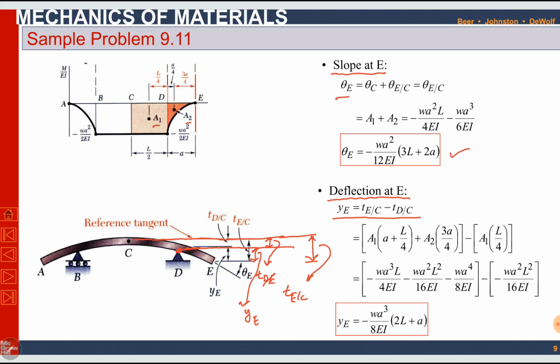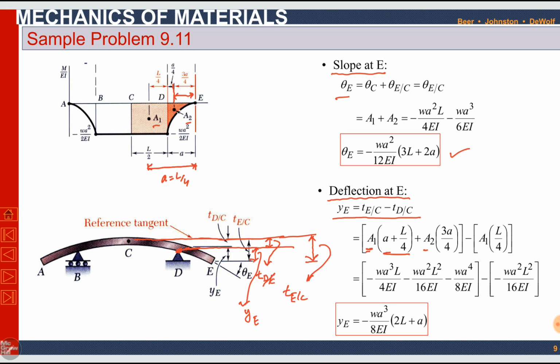So we will multiply those areas with the distance of the centroid from point E. A1 area into distance of its centroid from point E. It will be A plus L by 4. Plus another area. Between C and E we have two areas. A2 is another area. It is A2 into its distance from point E.